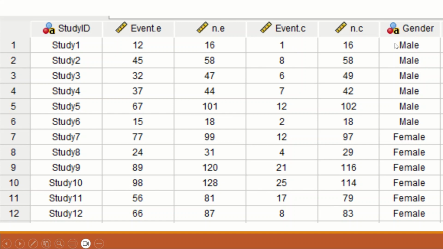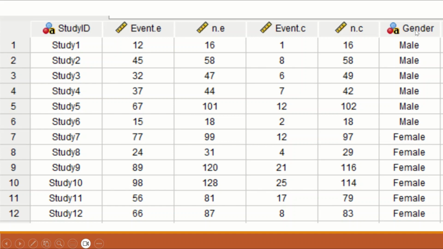And if you look here, there is another variable, which is gender. So there are 6 studies that had only recruited males, and another 6 studies that had only recruited females. So subgroup meta-analysis can be performed based on the factor of the gender.